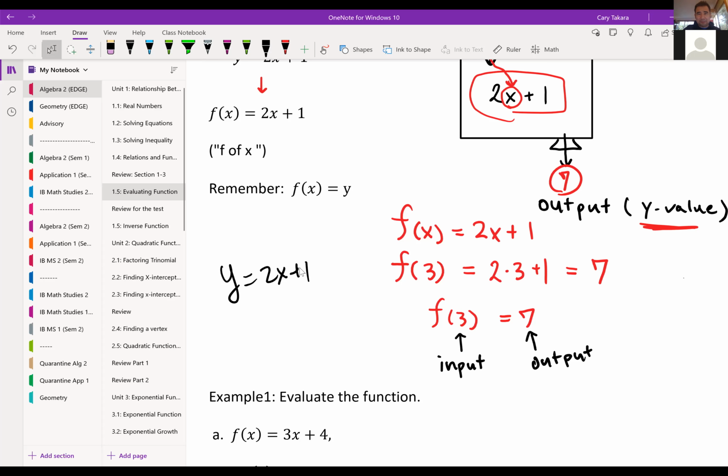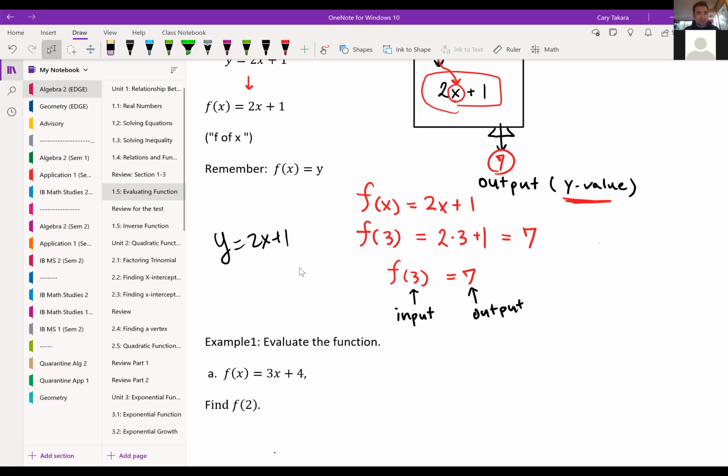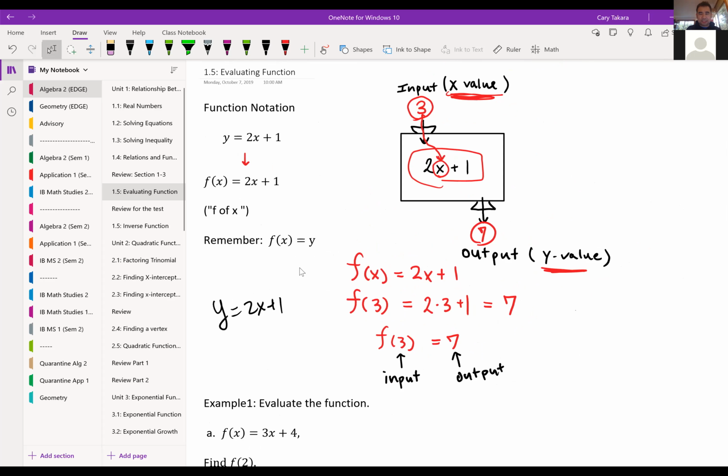Am I making any sense to you? So let's do a couple of problems. We're just going to evaluate functions. Does anybody need any more time writing this down?